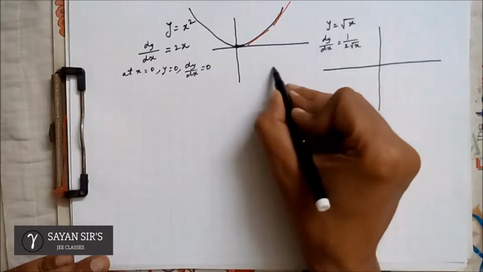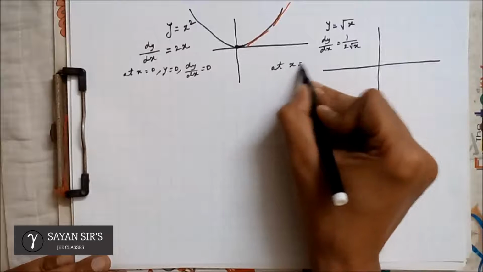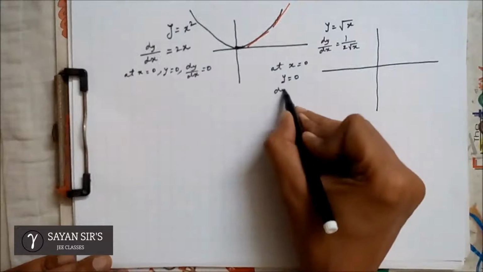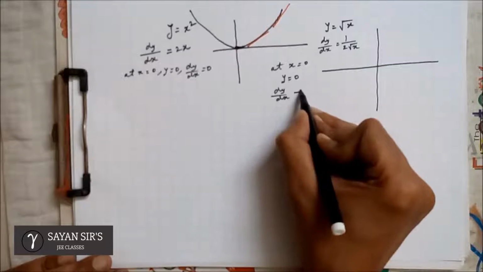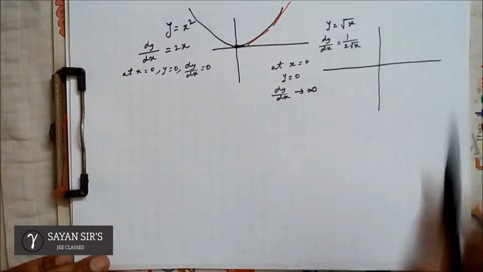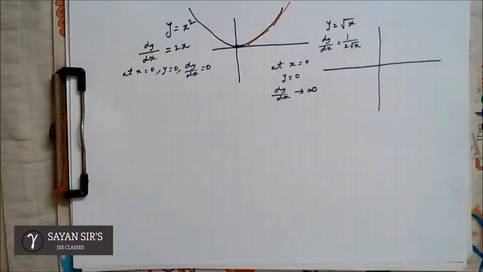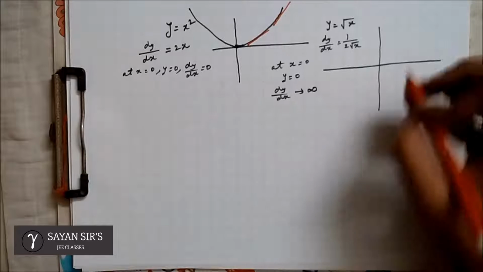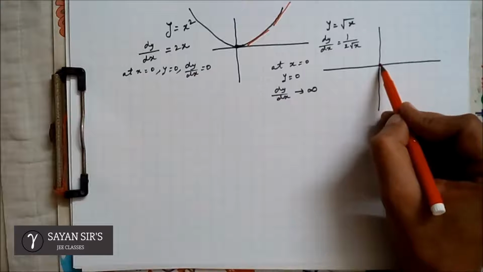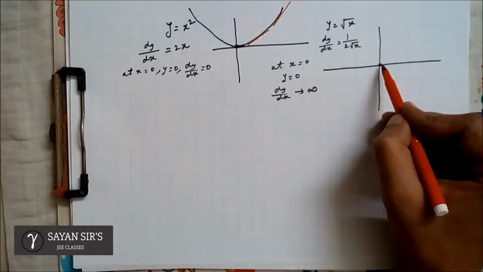So at x equals 0, we again have y equals 0, and dy by dx tends to infinity. Anything divided by 0 will go to infinity. So in this case we can see that again the graph will pass through this point, because at x equals 0, y equals 0.